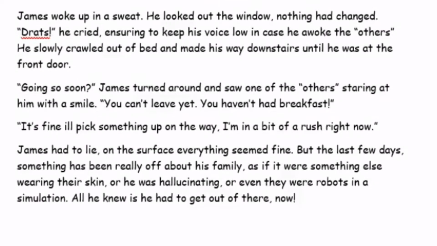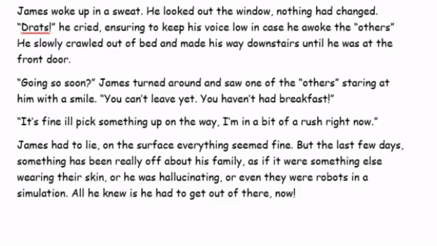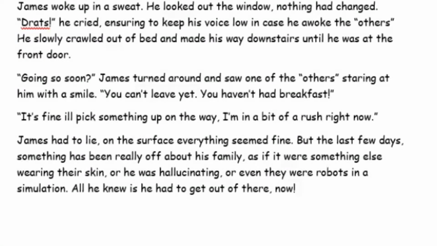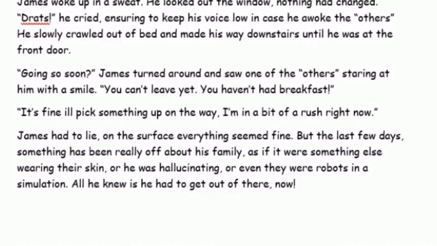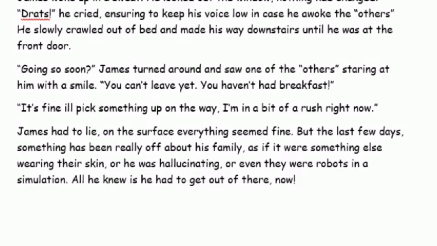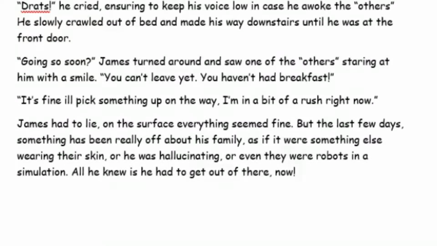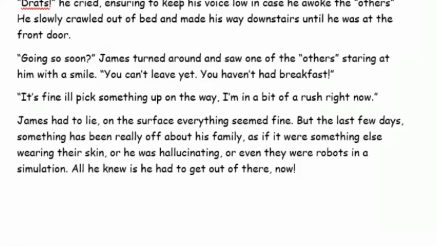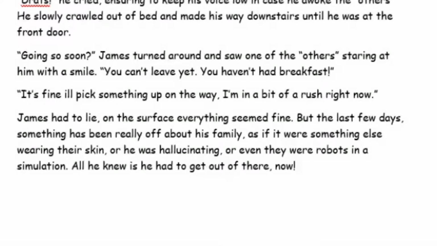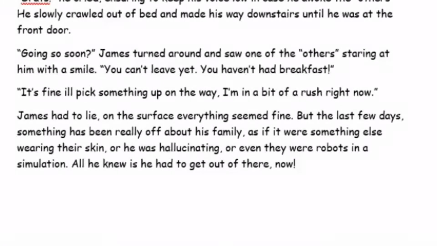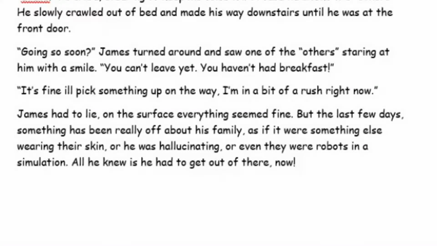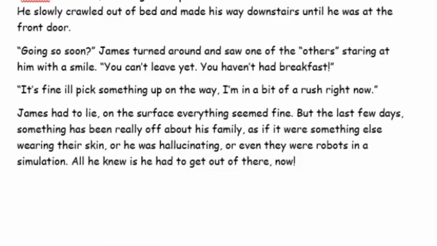"It's fine, I'll pick something up on the way. I'm in a bit of a rush right now." James had to lie. On the surface, everything seemed fine, but the last few days, something had been really off about his family, as if it was something else wearing their skin, or he was hallucinating, or even they were robots in a simulation. All he knew is he had to get out of there, now.